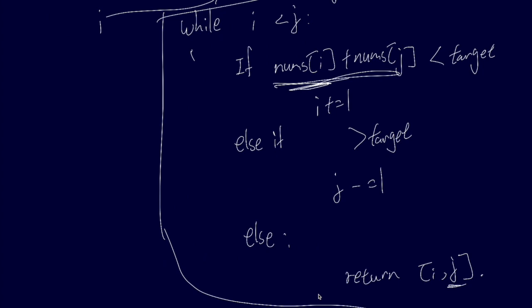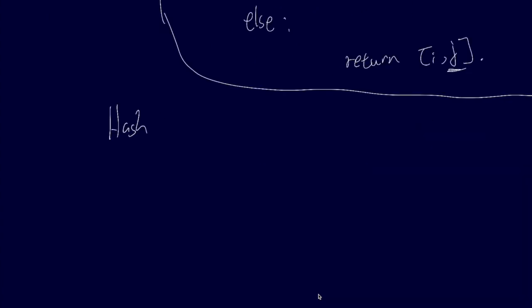So we need to keep track of the index and its value. I don't think we need a hash table, so I think we just need an array of tuples, let's call it temp. So we have value and then index.